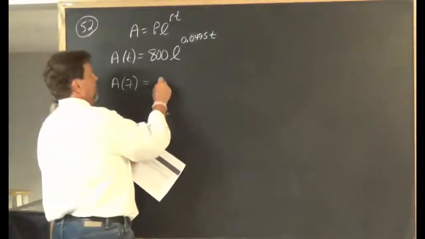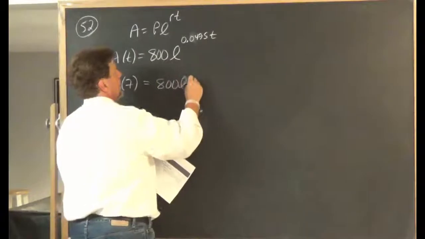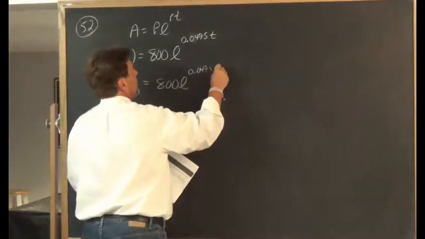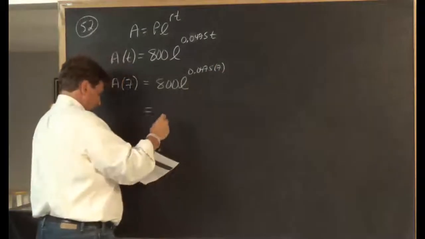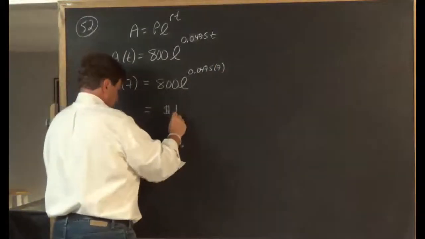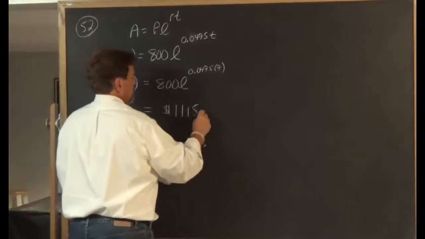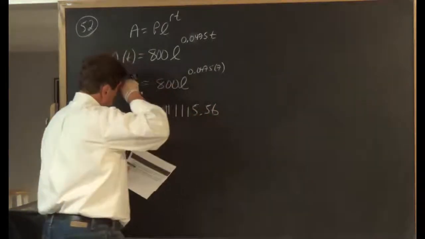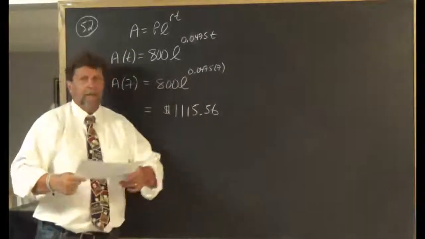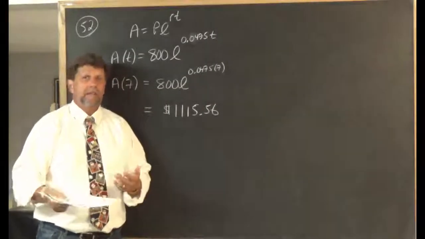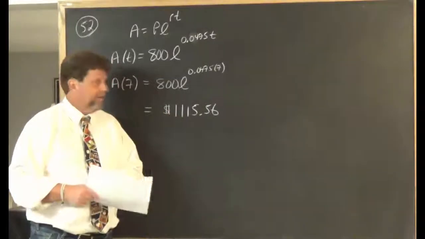And so if we evaluate the function at 7, let's see, when I use my calculator, I get $1,115.56. So that means the future value or the amount in the account after 7 years is $1,115.56.